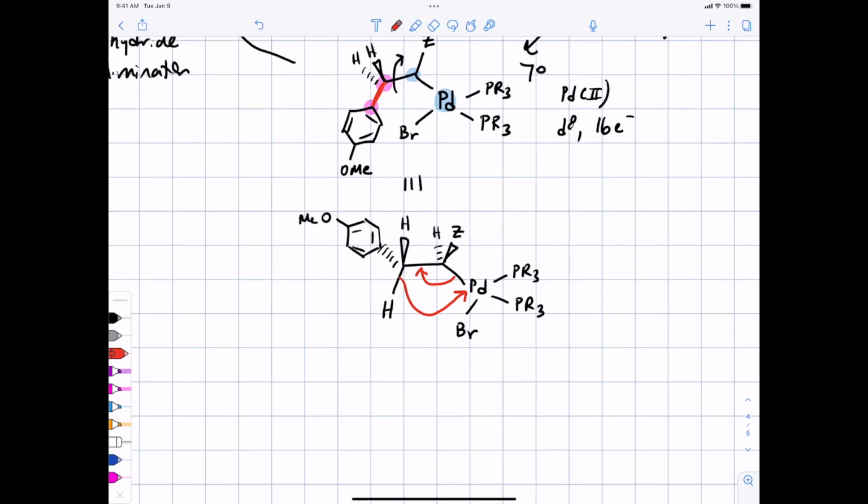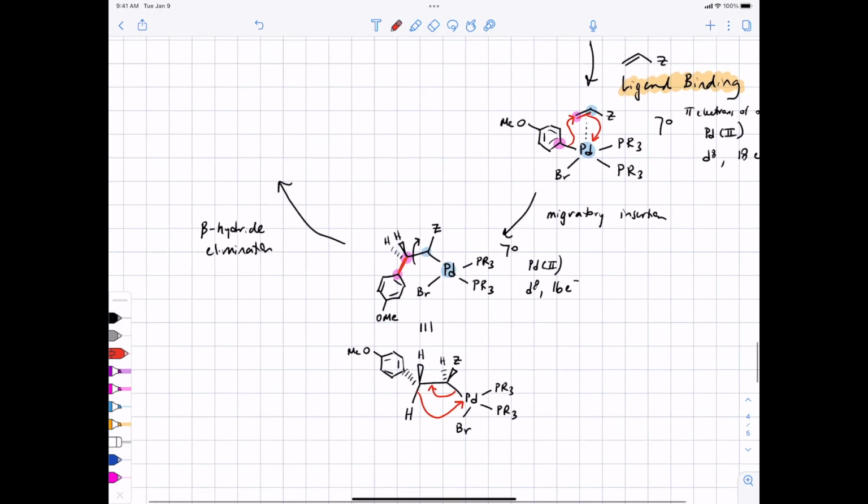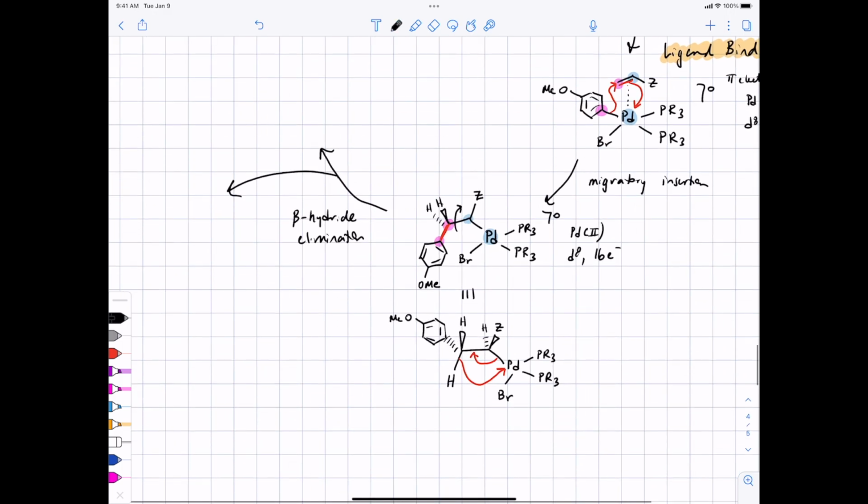So the hydride gets eliminated and goes back on the metal. Notice that this is the stage at which we release our product. And if you pay attention to the relationship between these two groups in this more stable conformation, that explains why the new double bond that we made is trans.